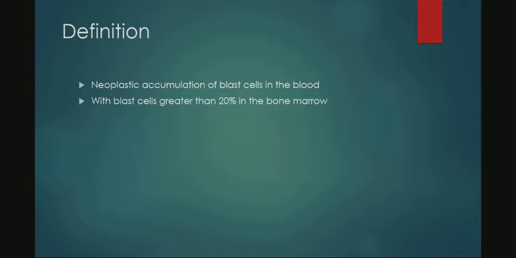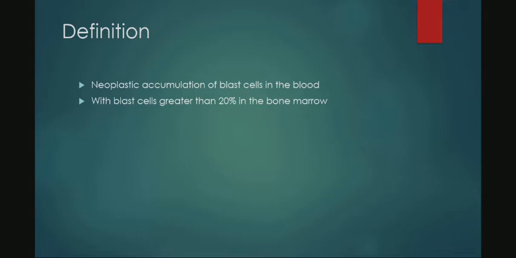But the abnormal blast cells that are accumulating within this bone marrow are less than 20%. That is why it is important to know that the blast cells are greater than 20% in the bone marrow when you talk of acute leukemia, because it helps to differentiate it from myelodysplastic syndrome.